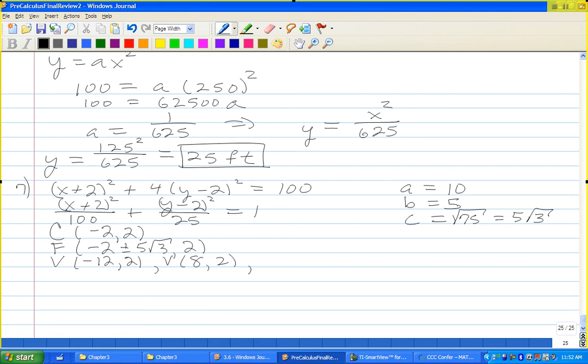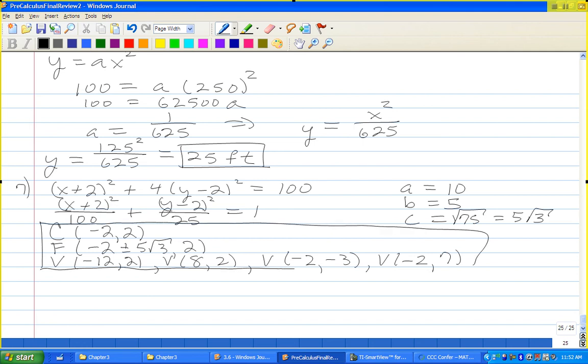You're going to add and subtract 5 from the y. And that gives you the center, the vertices, and the foci. Any questions about that? Okay.